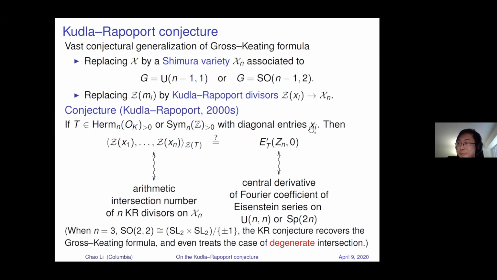I have no assumptions on whether there is a binary quadratic form representing all these numbers. So it even treats the case of degenerate intersection, because I have no assumptions on these diagonal entries. But here the Kudla-Rapoport conjecture hopes that even in a degenerate intersection, after you appropriately define the left-hand side, it should still be equal to the central derivative of the Fourier coefficient of the Eisenstein series.